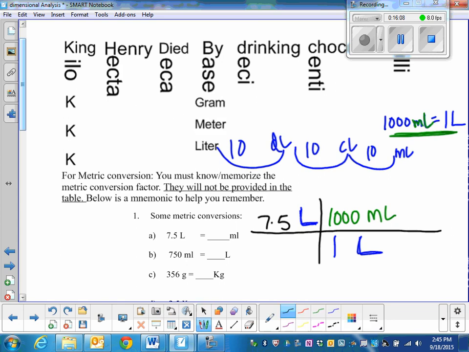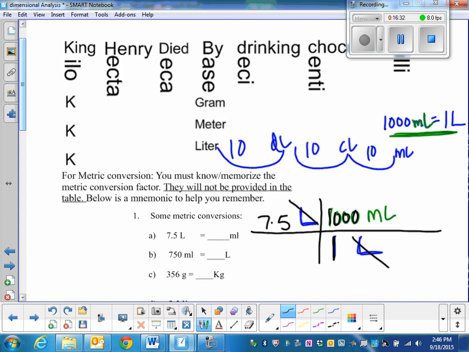Please realize that I will not cancel out the numbers, but I'm only canceling the units. So the liter on the bottom will cancel with the liter on the top, and I'm only left with milliliters. The remaining is math. This is the number in the numerator. This is another number in the numerator.